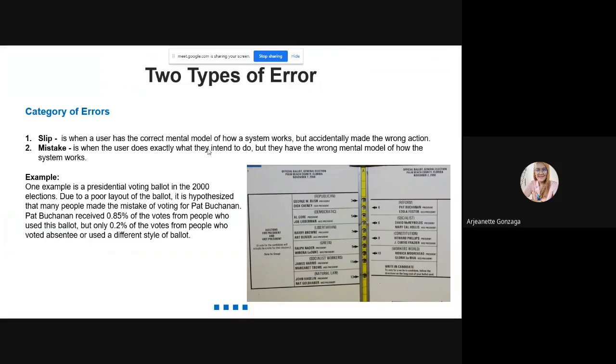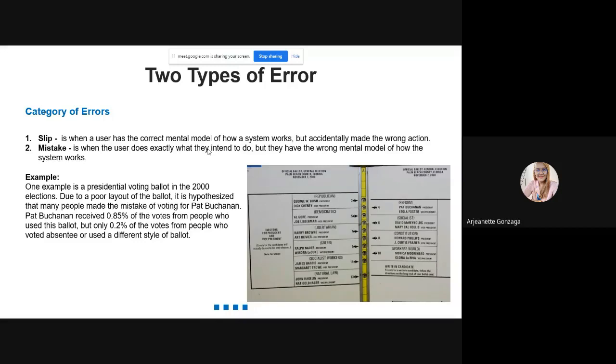Okay. So si Nilsson nag-offer siya ng two types of error. So another consideration when building products is recognizing different kinds of errors that are based on the user's mental models.